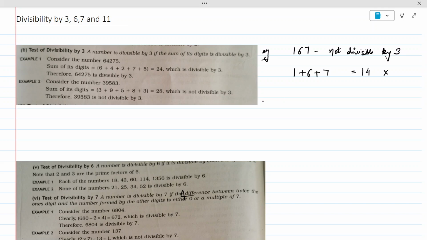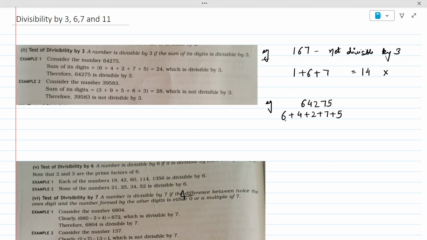Now let us take another example. I am taking 64275, the same number which has been taken here. What we are going to do now is add all the digits of the given number. So this is 6 plus 4 plus 2 plus 7 plus 5.